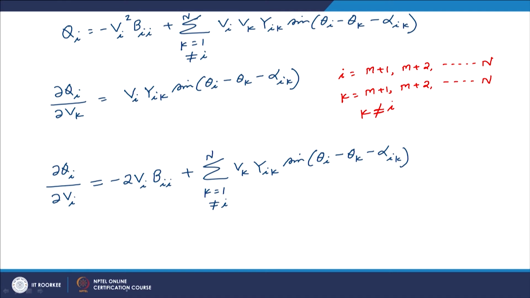Please note that this v i is gone, and here what would be the variation of i and k? i again would be varying from m plus 1, m plus 2 to n, k also would be varying from m plus 1, m plus 2 to n, and the rider is k is not equal to i.